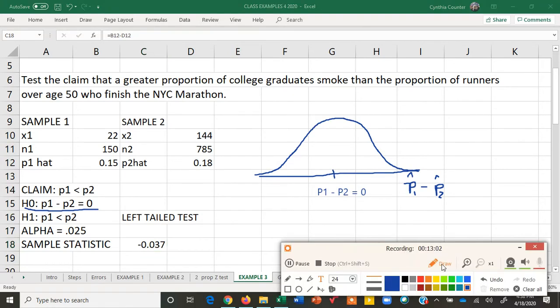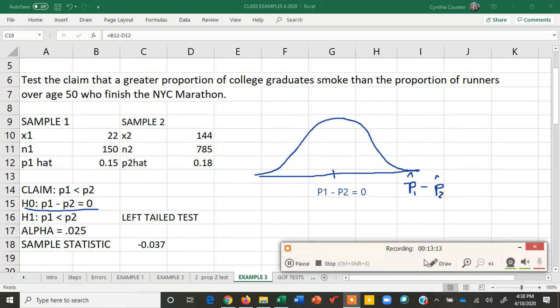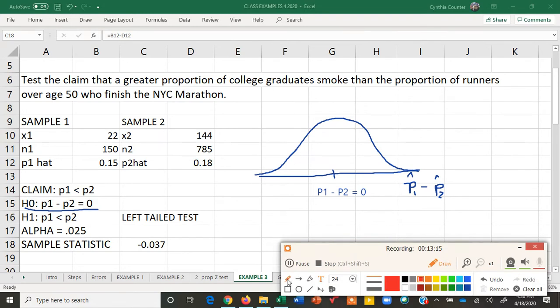So I'm going to go ahead and draw it here so you can see what we have. What we have here then is a sample statistic that is creating a left tail.